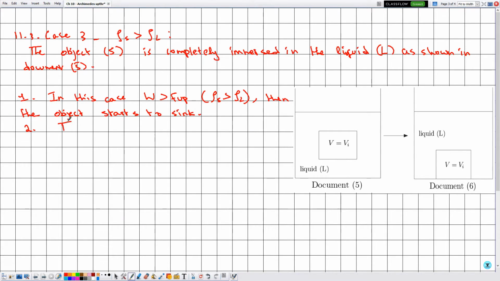The solid S reaches the bottom of the container as shown in document 6.